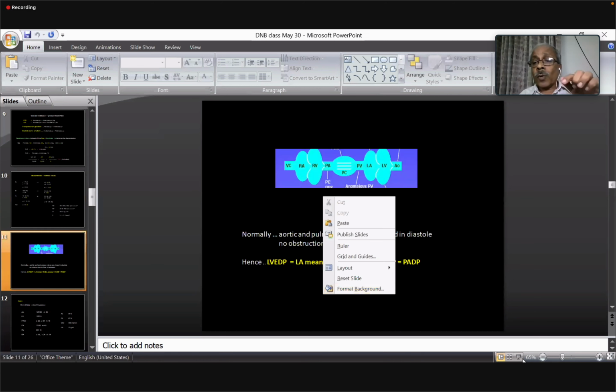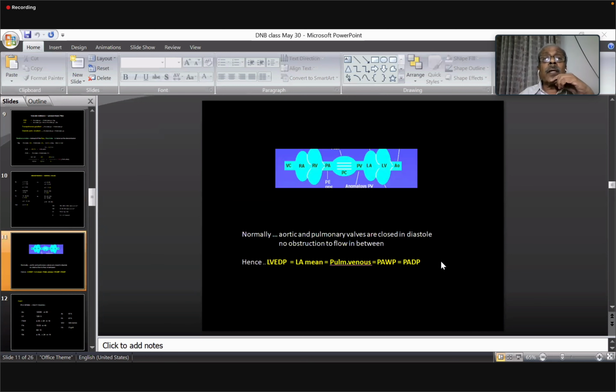Now, this is one thing which you should know. That is, in diastole, the pulmonary valve is closed, the aortic valve is closed. The mitral valve is open. There is no obstruction in between. From the pulmonary artery through the capillaries to pulmonary vein, LA, LV, there is no obstruction.